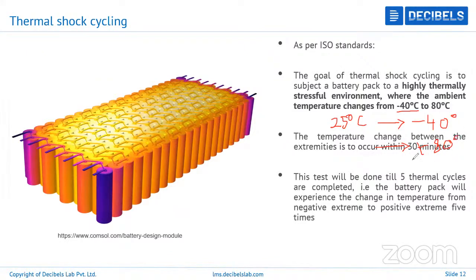This rapid change from ambient temperature to minus 40 to plus 80 is called thermal shock. It's nothing but rapidly changing ambient temperature, and this variation in temperature is done a minimum of 5 times. This is called a thermal cycle. One thermal cycle is from minus 40 to plus 80 degrees, and this is repeated 5 times.